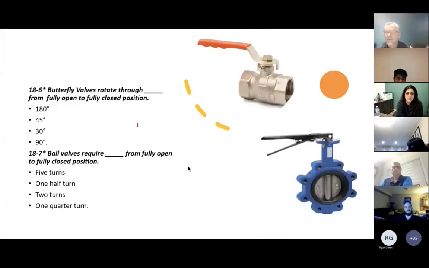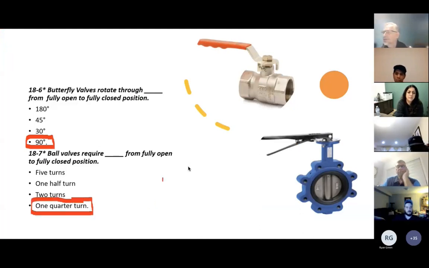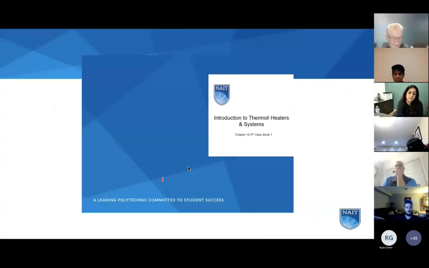Butterfly valves, how many degrees? Okay, quarter turn. 90 degrees. And a ball valve is the same thing, also a quarter turn. Okay. Any questions on 18?